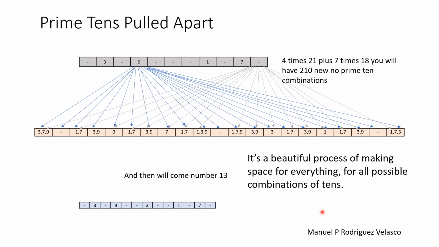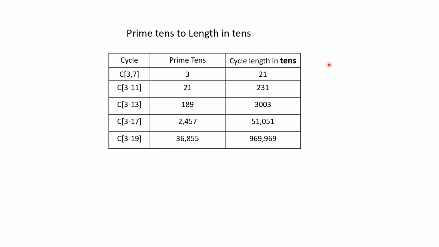And prime after prime, they're gonna get pulled apart so far. So you can see that even the length of the cycles are growing very fast. This is in tens, right? The number of prime tens also grows exponentially. So you're gonna have lots and lots of prime tens combining.